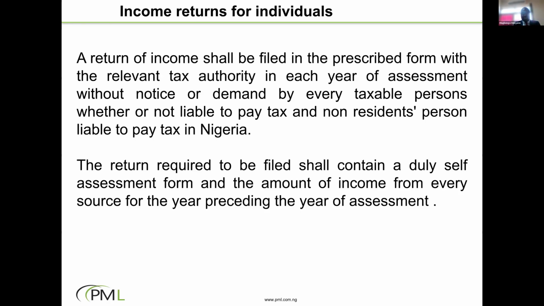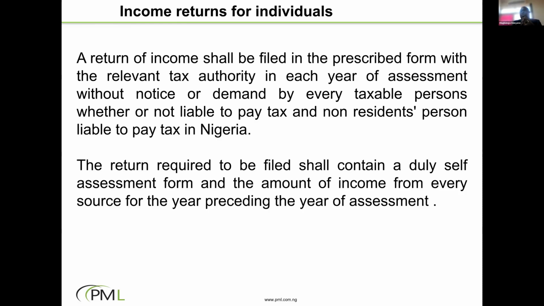When I say jurisdiction, I'm talking of residency. It is expected that the income of an individual be filed in the prescribed form with the relevant tax authority in each year of assessment, without notice or demand, by every taxable person who is to pay tax. So you must file that with the relevant tax authority.